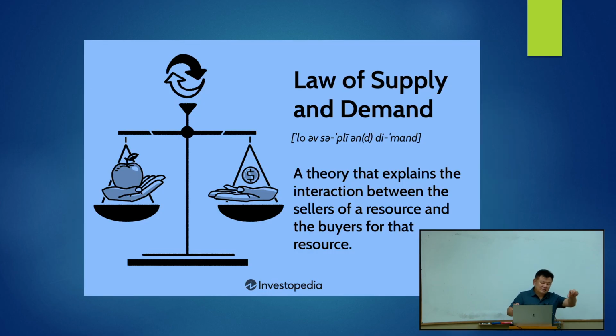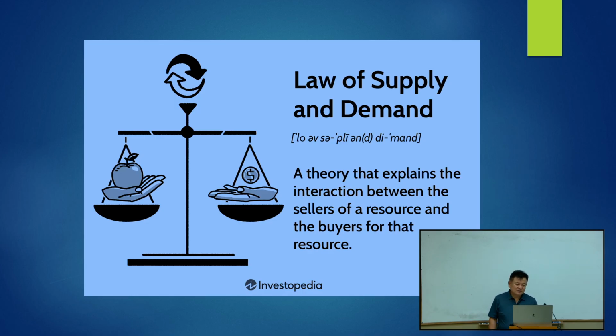So, with the demand curve and supply, we combine the law of supply and demand, and at that time we can decide the price. So what is the law of supply and demand?